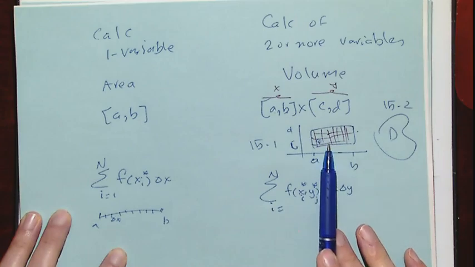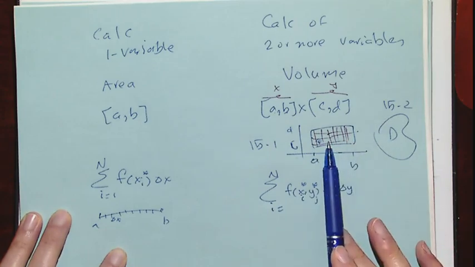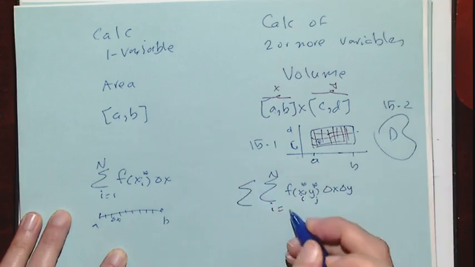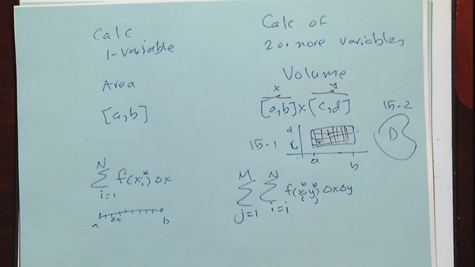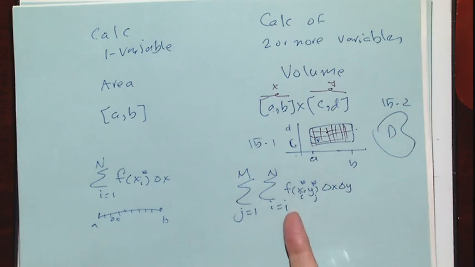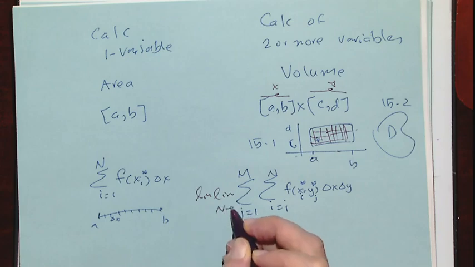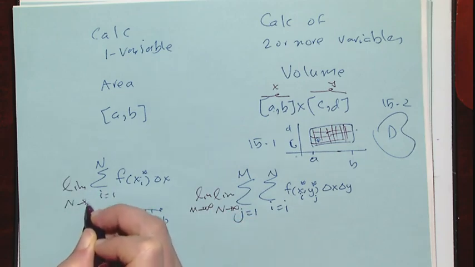I'm sorry, I'm going one line this way. If I sum it over j, going one line that way. So I have to sum it over i and j. So it's a double sum. Then if I want to make this closer and closer to the actual volume, I need two limits. And this one only needed one limit.